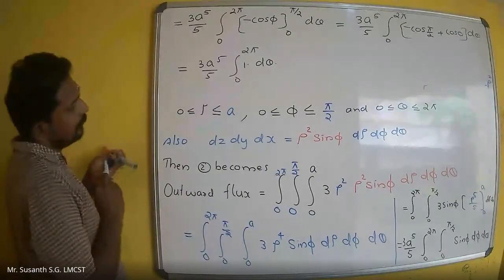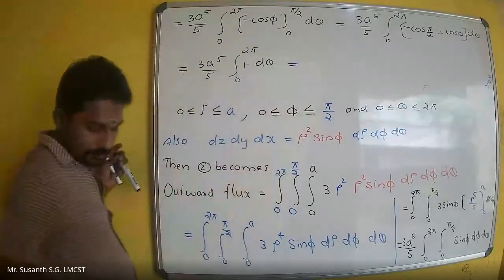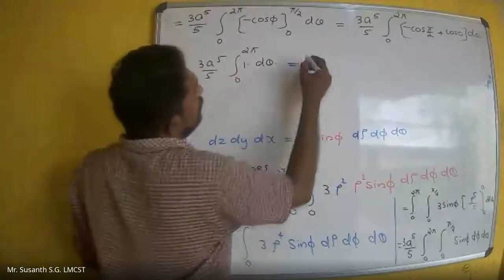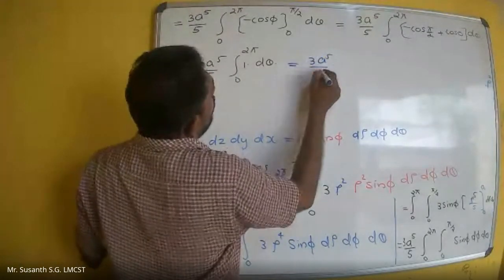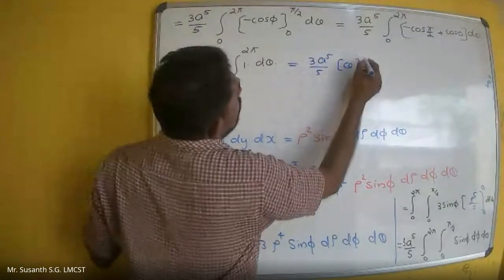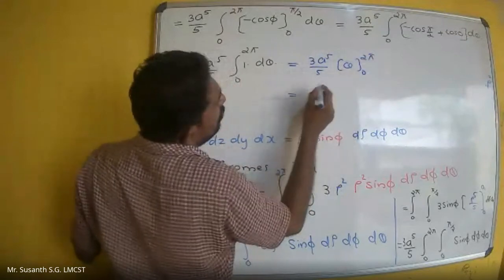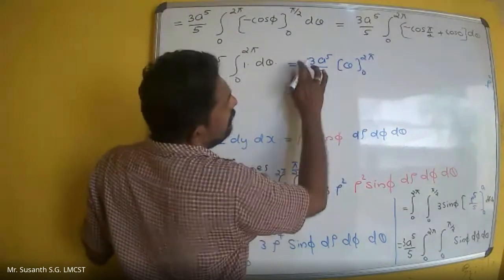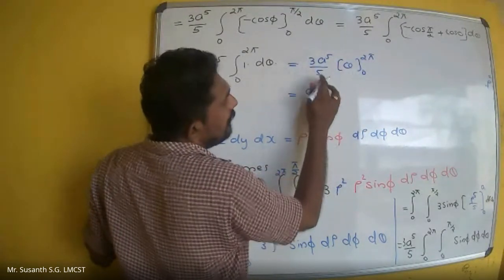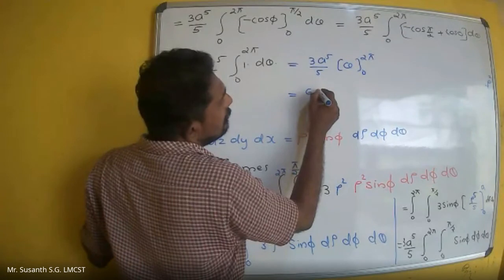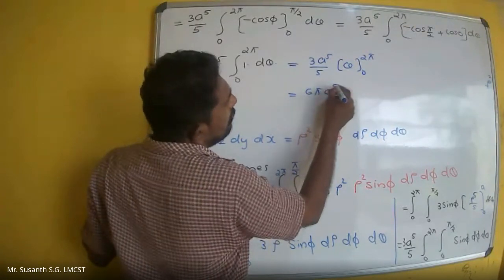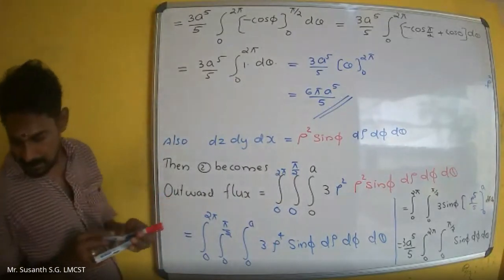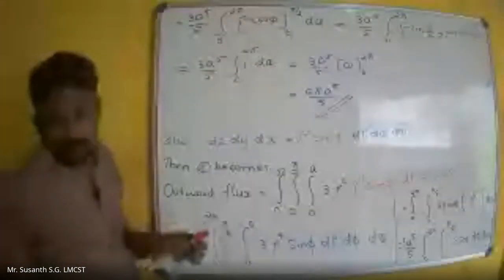So this is 3a⁵/5 times theta from 0 to 2 pi, that is 2 pi minus 0, so 3a⁵/5 into 2 pi gives 6 pi a⁵/5. This is the final answer: 6 pi a⁵/5.